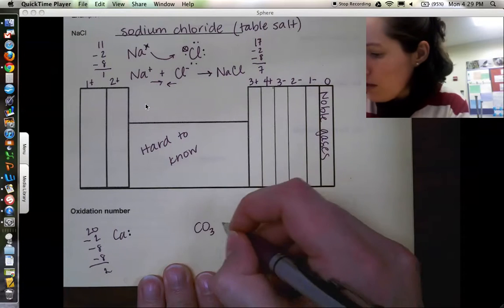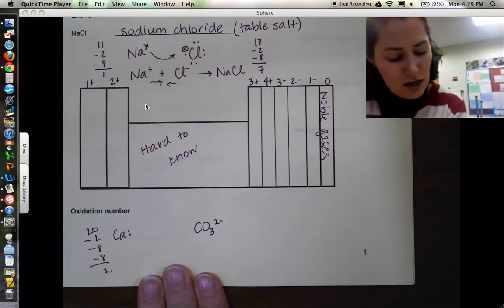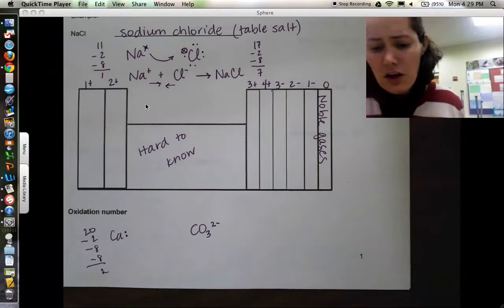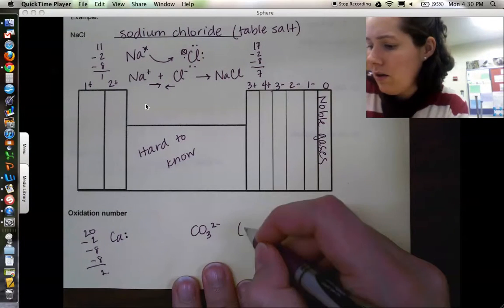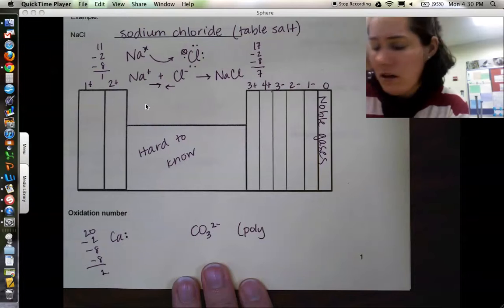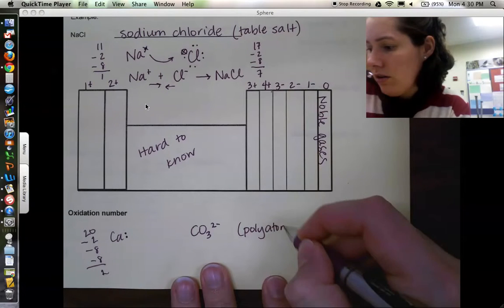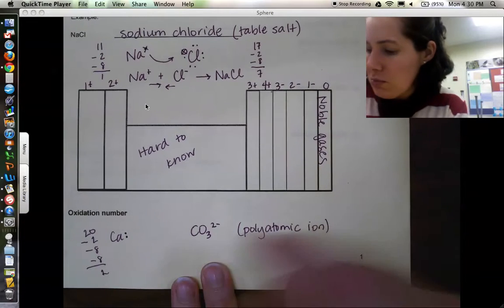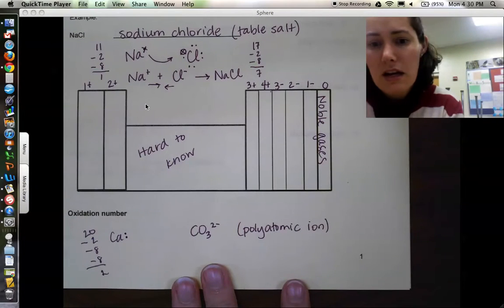And CO3 2 minus is an ion. It's called a polyatomic ion, for many atoms, because it has many atoms, but it is an ion because the whole thing acts like one. It's got a charge.